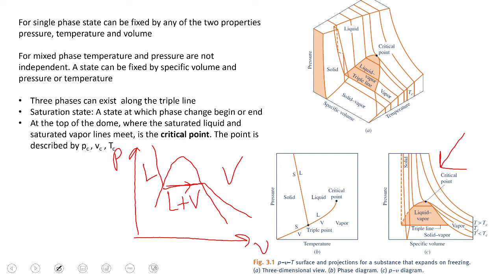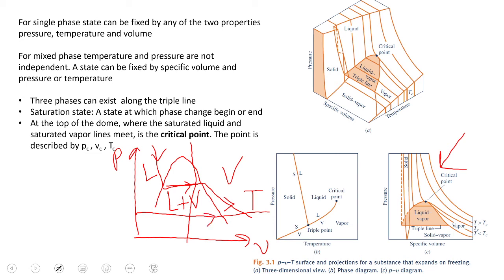So this line that I have drawn is a constant temperature line. For example, if I ask you to draw a constant specific volume line, it would look like this vertical line. If I ask you to draw a constant pressure line, it would be this horizontal line.